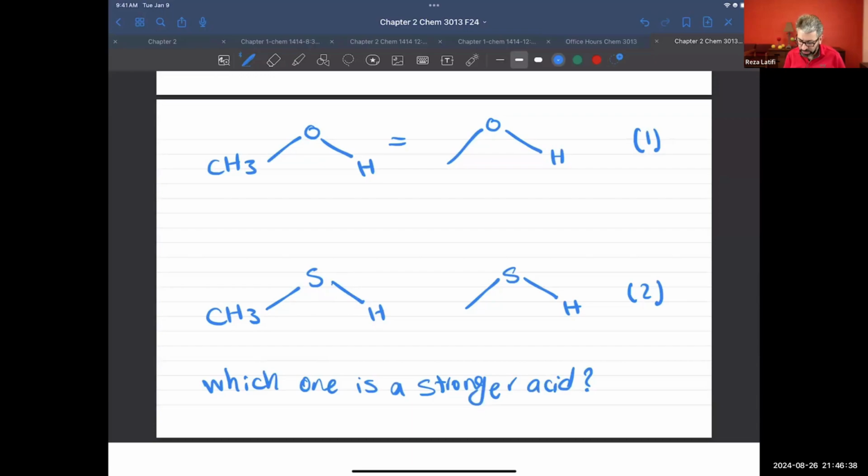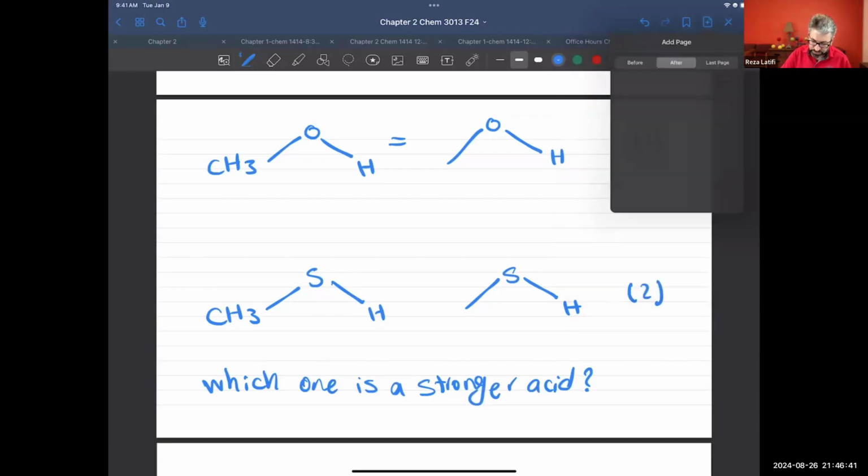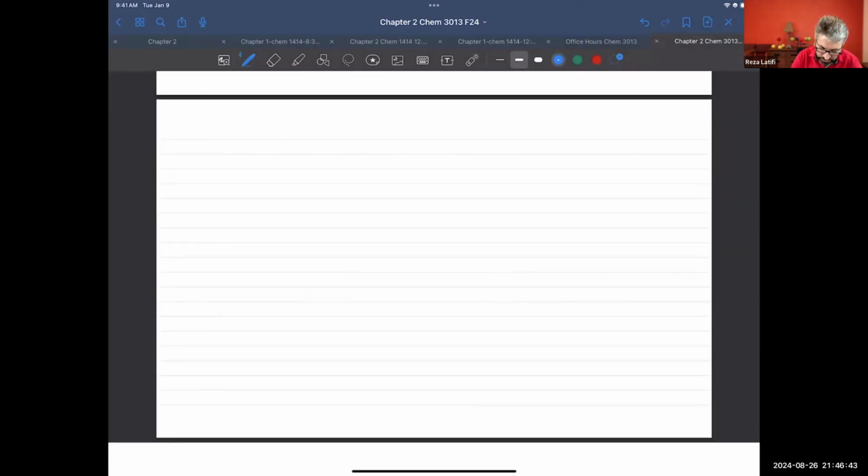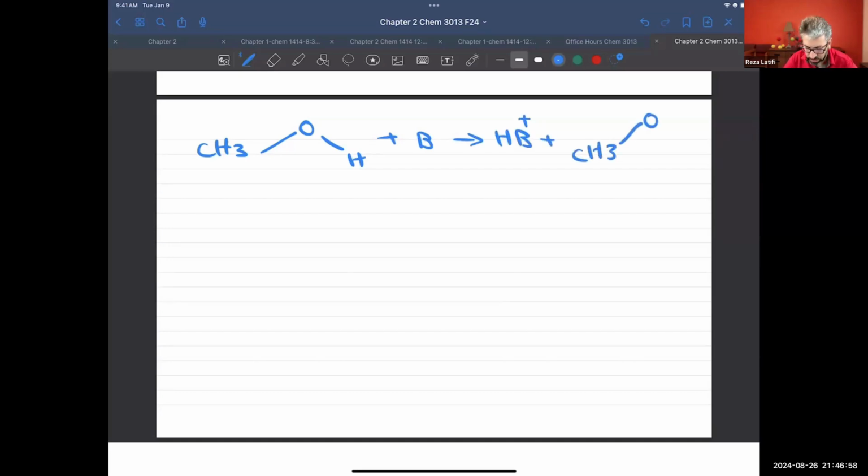Great job. So now let's go after the answer. I have CH3 attached to O, H. If I react it with a base, it will give me HB plus, and what do I get? CH3 attached to O, and the O will have a -1 charge. And how about this?